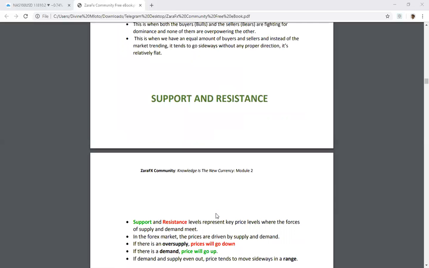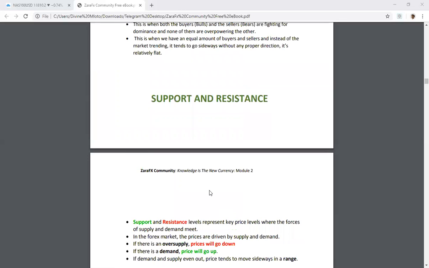Anyway, there's something we use called support and resistance. Support and resistance are key levels in the market where the forces of supply and demand meet. Meaning at that point, if there's a demand, supply is met. You understand?